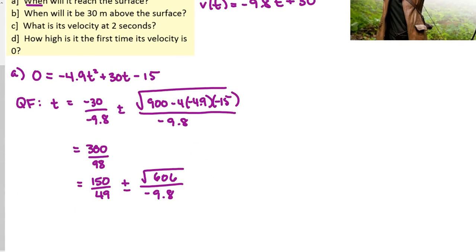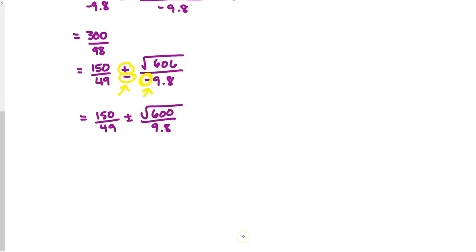If you have plus or minus a negative, it's the same thing as plus or minus a positive, because plus a negative is minus, minus a negative is plus. So we can actually just write this as 150 over 49 plus or minus square root 606 over 9.8. So if you see that little negative sign missing, don't think it was a mistake. It was purposeful. It simplifies to be the same thing.